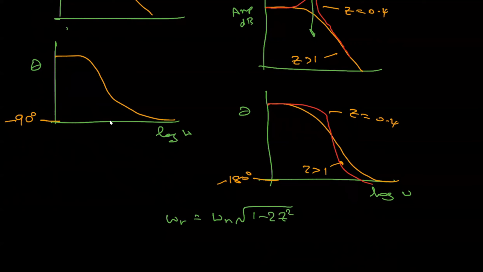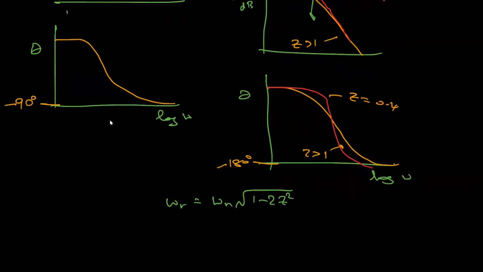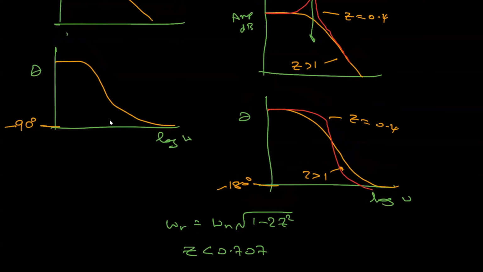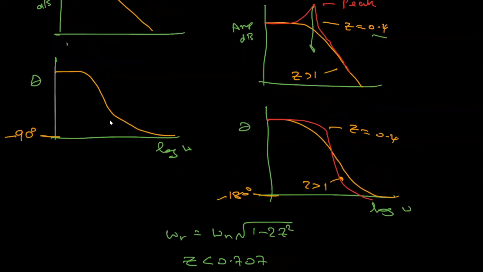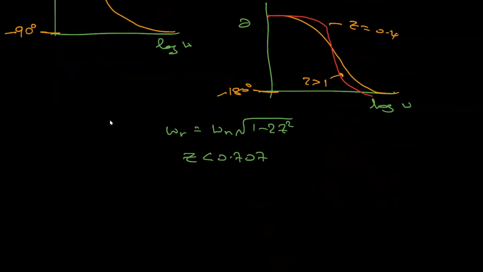There are some limits on this. You only get positive roots when zeta is less than 0.707. And you only start getting the resonance peak when zeta is actually below 0.707, which is why I put at least zeta 0.4 there. So that's the frequency.